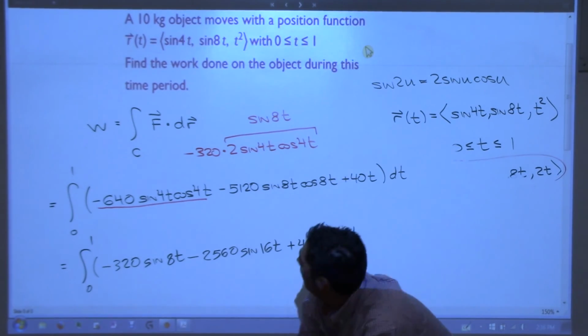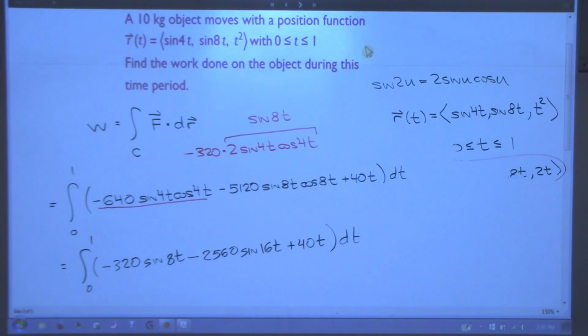I'm wondering if I took this problem out of the book. I thought maybe I had taken this problem out of the book, but I don't see it in here.